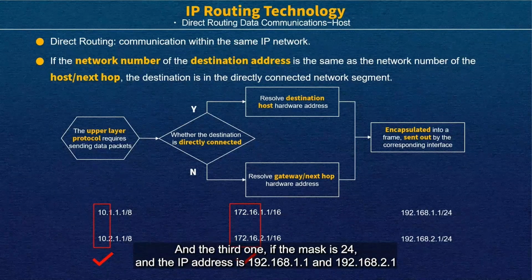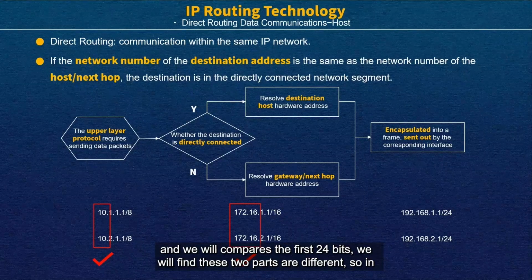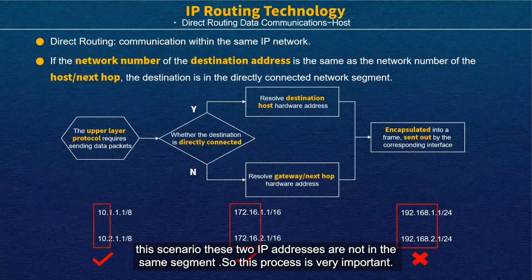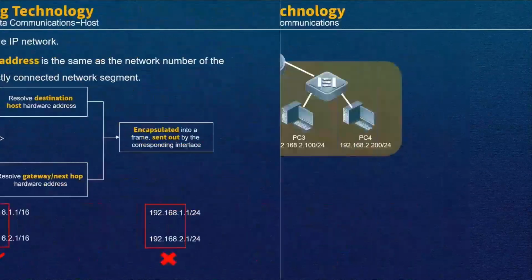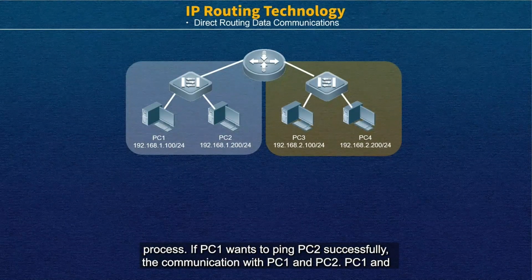And the third one, if the mask is 24 and the IP address is 192.168.1.1, we will compare the first 24 bits, and we will find these two parts are different. So in this scenario, these two IP addresses are not in the same segment. So this process is very important. And later, let's see the direct routing communication with each other, and see the detailed process if PC2 wants to ping PC3 successfully.